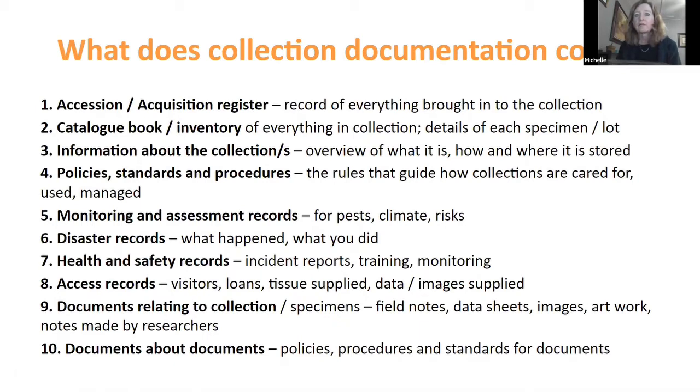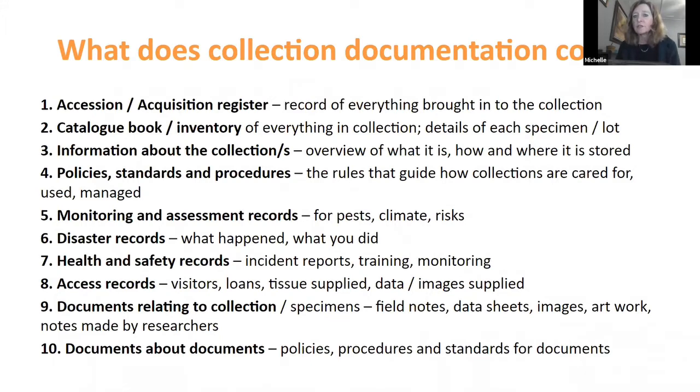We're talking about information about the collection, so something about what it is, where it's from, and how it's stored. We're talking about all the different policies, standards, and procedures for many different aspects of the work. So the rules that guide how collections are cared for, used, and managed.